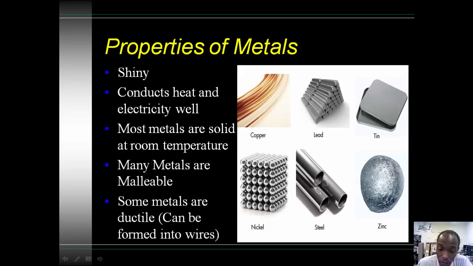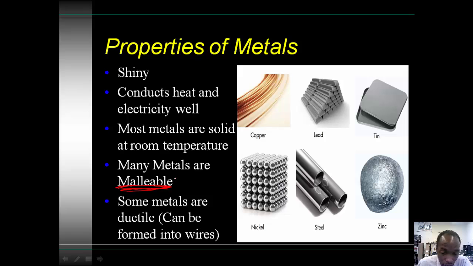Most metals are solid at room temperature, as we know. We have copper, lead, tin, nickel, and many metals are malleable. And this word right here, malleable, means that you can mold it, transform it with force.